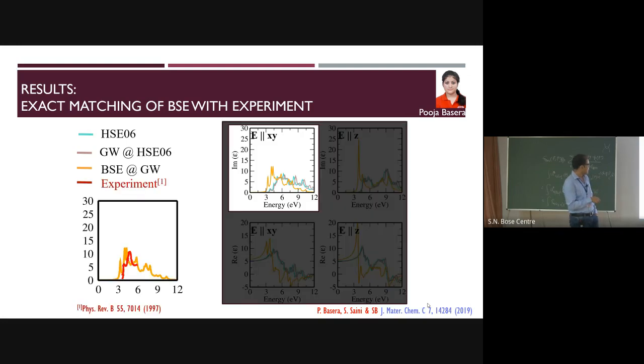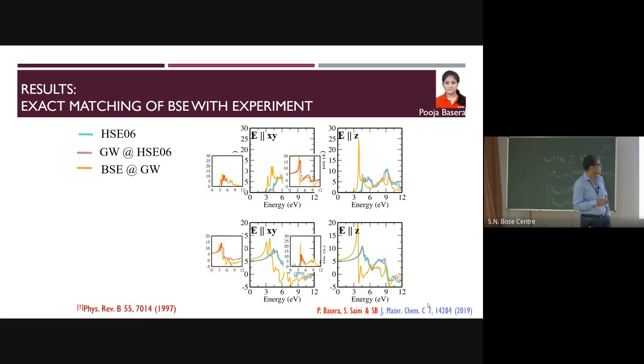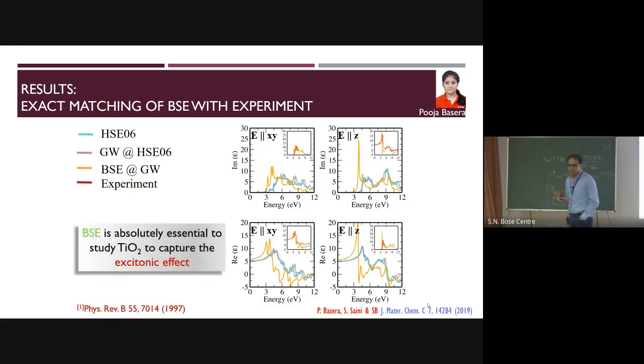If you compare with experiment, you see that there is a very nice match, and you can clearly see that this is E parallel to X, this is Y, and this is E parallel to Z. So that's how it should be done for the TiO2 system.